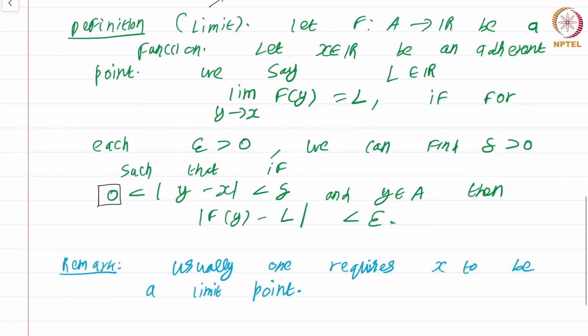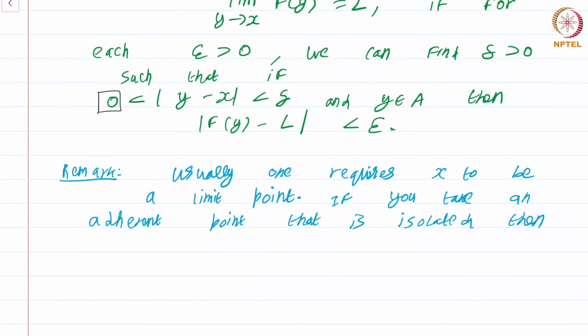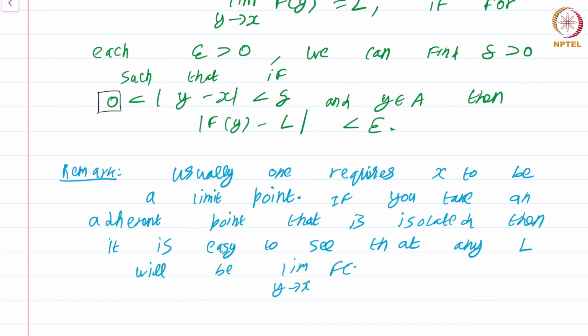Because if you take an adherent point that is isolated, then it is easy to see that any capital L will be limit y going to x of f of y, right?